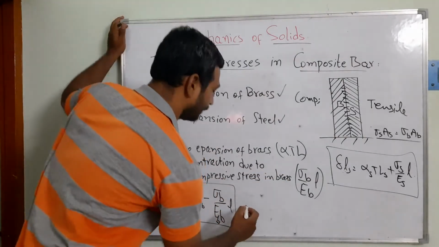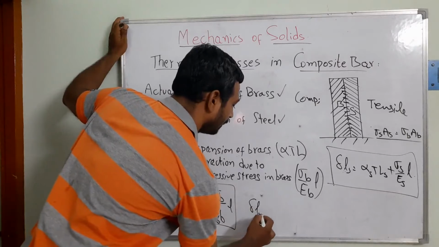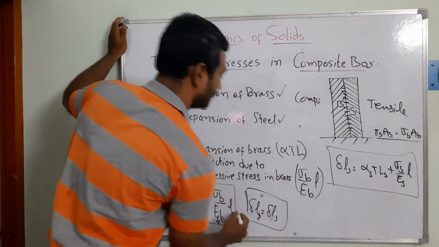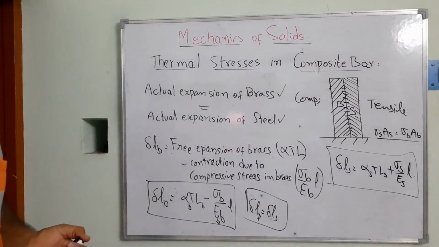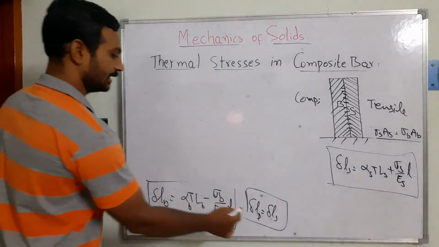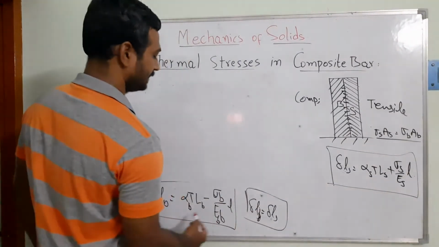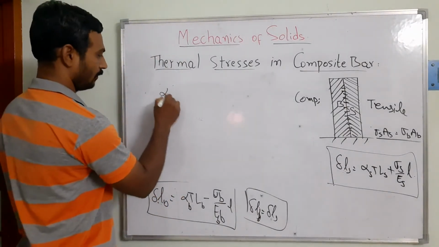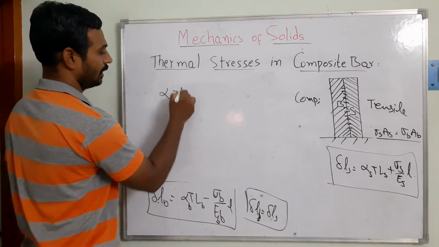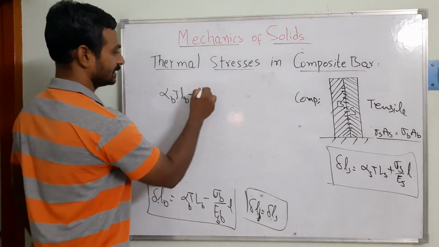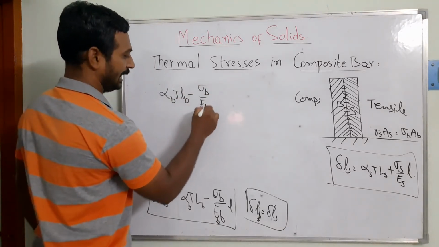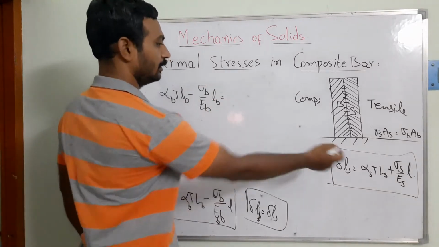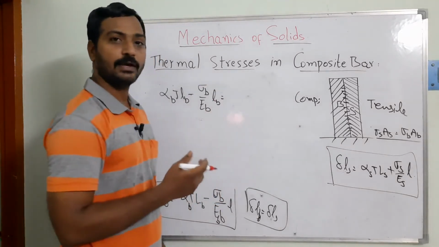Now I am going to be equating these two. How are we equating? That's going to be del L B is equal to del S. So here we can see that del B, the actual expansion of the brass, is going to be alpha B T L B minus sigma B by E B L B, that is equal to the actual expansion of the steel.